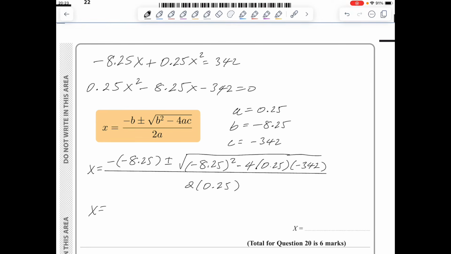Now put this on the calculator, once with the plus, once with the minus. One value will be 57, the other will be minus 24, which we will reject because x must be a positive integer, so 57 is our final answer.